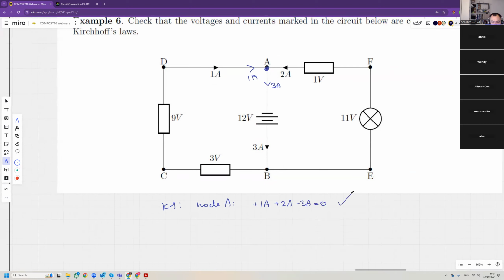That works. For node B, you have 3 amps flowing in, so plus 3 amps. Then you have 1 amp flowing out and 2 amps flowing out, so minus 1 amp minus 2 amps equals 0. So that works. That's the easy part.